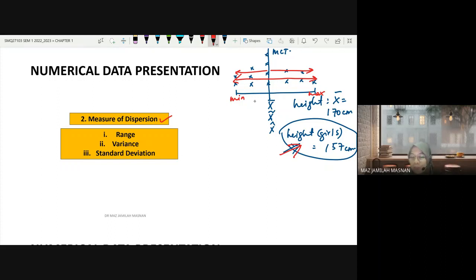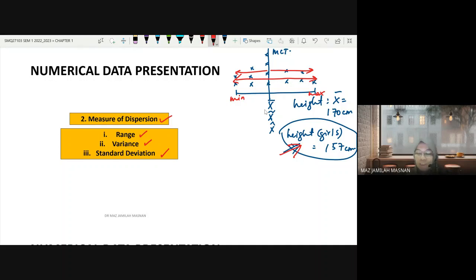Is it spread too much or very little? How do we measure this dispersion? The first one is range, the second is variance, the third is standard deviation. This is how we measure the dispersion.